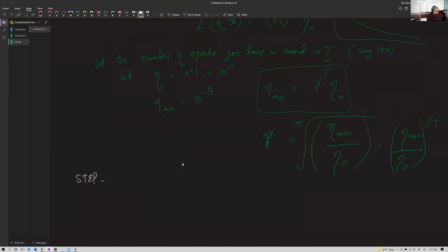Now there's one problem though with the exponential decay. What happens is when you decay so slowly, it's a little bit erratic for reasons that we won't immediately go into, but I invite you to read in the book. Basically you're losing momentum and you don't know how well you're converging.